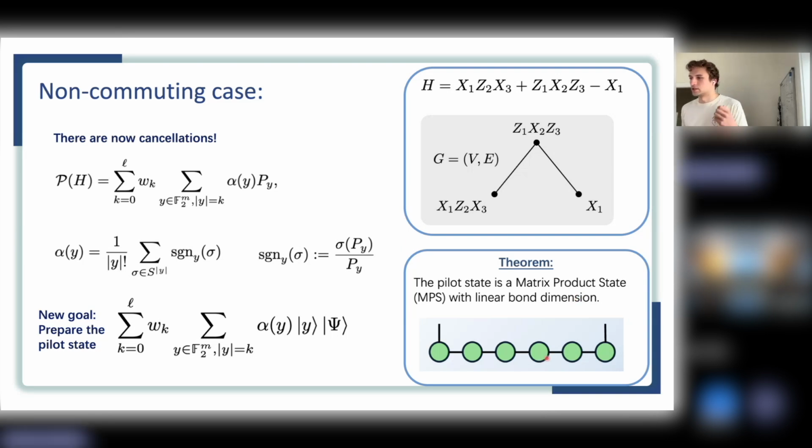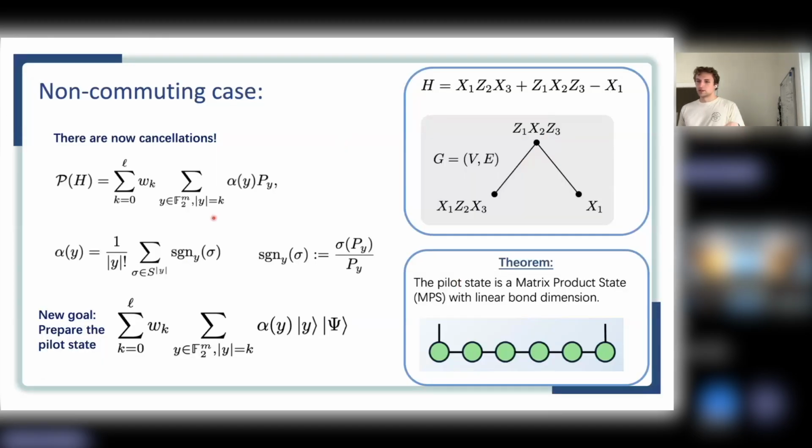The site dimension in this MPS representation is 2 to the d, where d is the size of the connected components in this graph. So if d is only of size log n, then this is a polynomial site dimension, and you can prepare these MPS states in polynomial time.